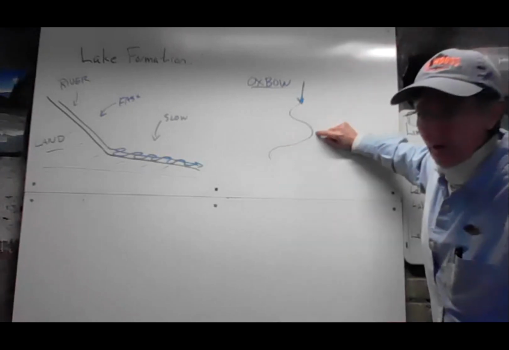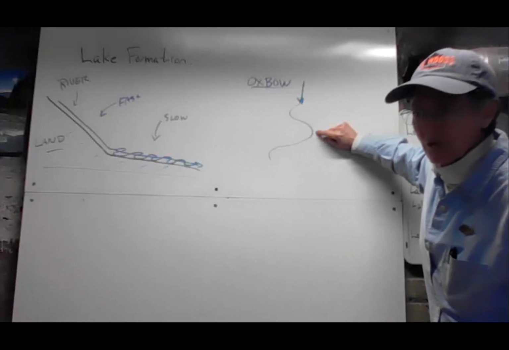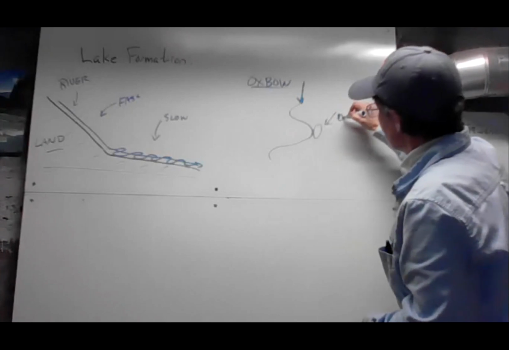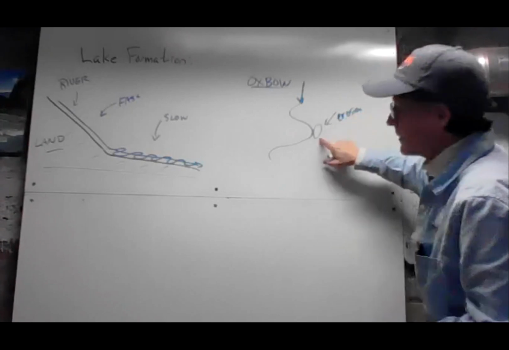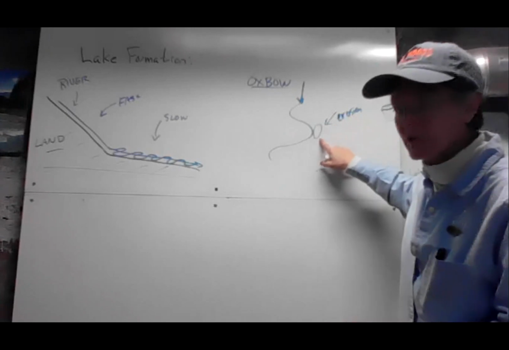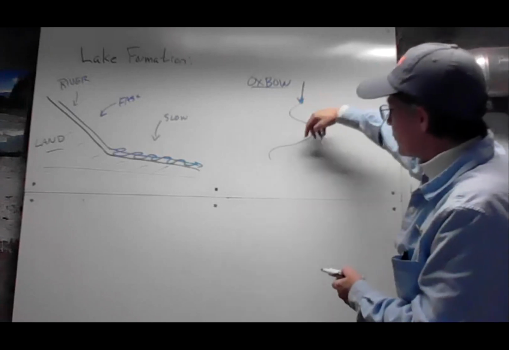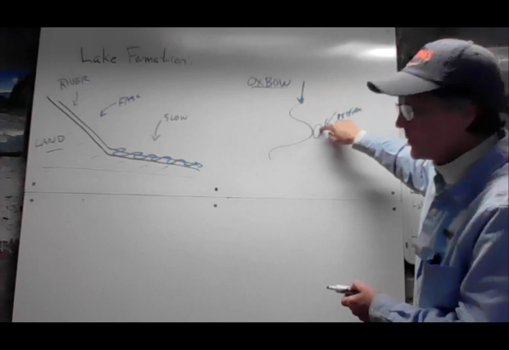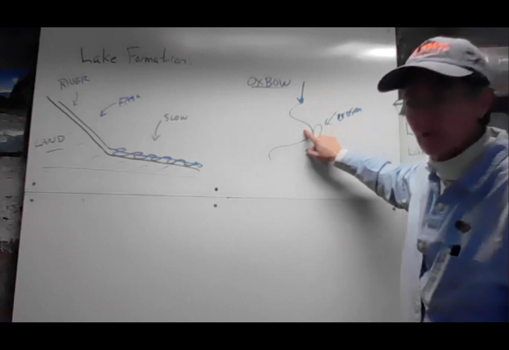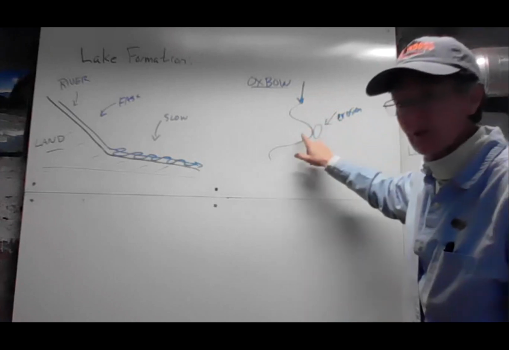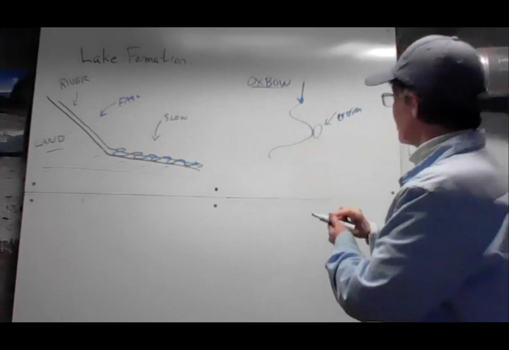Whenever there's a corner in a river like this, there tends to be erosion here on the outside of the curve, because the water is flowing the fastest, and it comes around the corner and it erodes here. But on this side of the curve, the water is moving more slowly, and in fact, sediment tends to get deposited here.